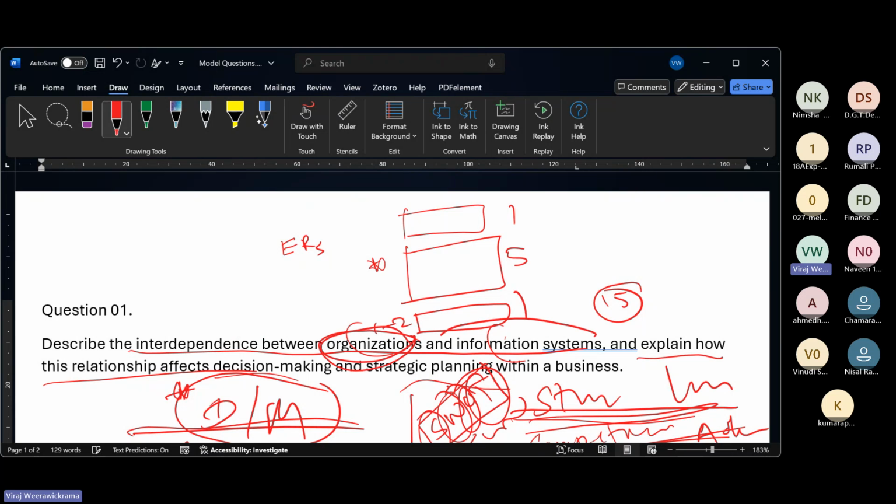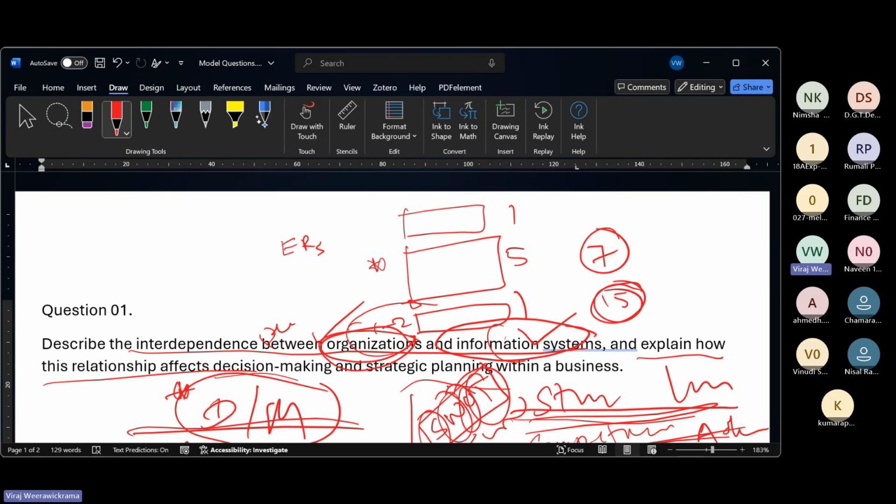The organization's definition and the information system's definition. But if you are given only 7 marks, no need to go with the definitions, you can just explain the answer. But if you are given more marks, in detail, you can explain everything, right? You can explain what is an organization, what is an information system. Then you can explain the interdependence, right?